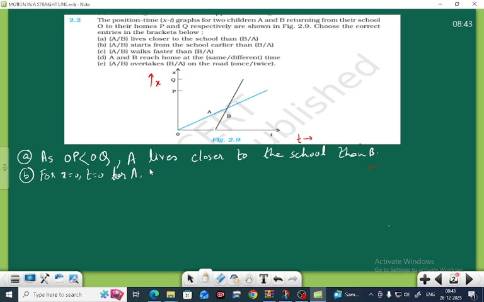So for A, x equal to 0 and t equal to 0, while t has some finite value for B. Therefore A starts from the school earlier than B.